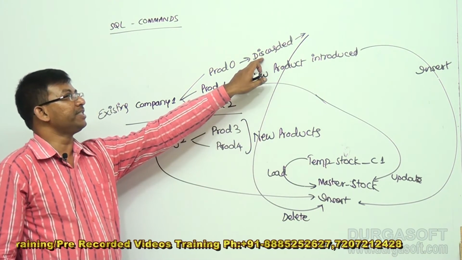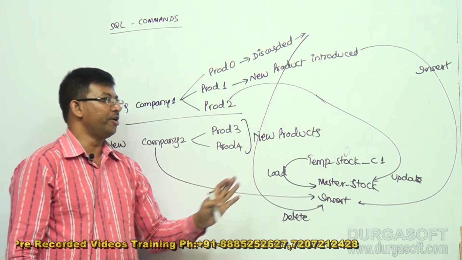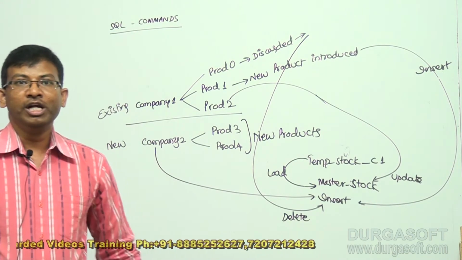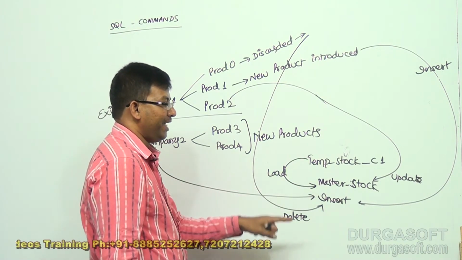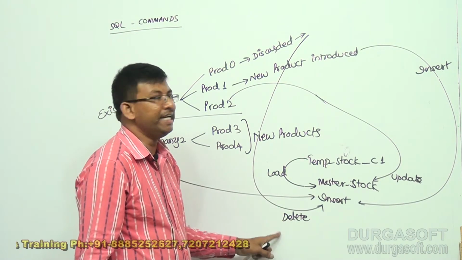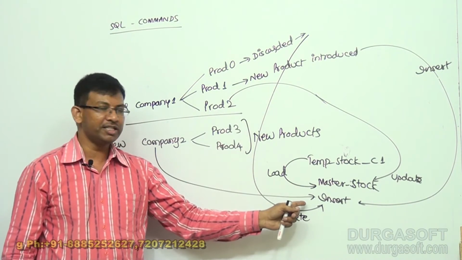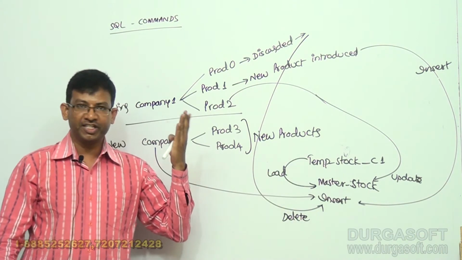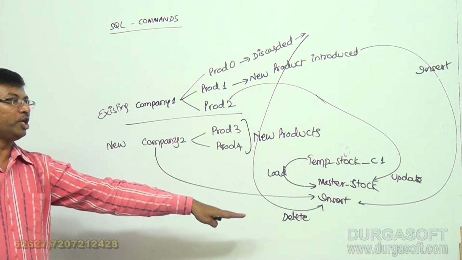And if the product is discarded or the manufacturing has stopped, we need to perform a delete from our stock table or master table. So we want to perform three operations here: insert, update and delete. Delete is for discarded products, insert is for new products or new company products, update is for existing companies and existing products.